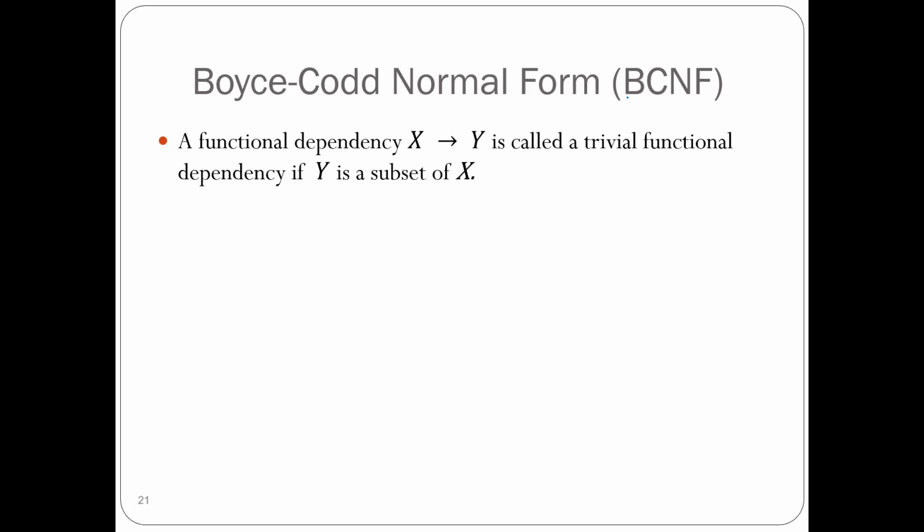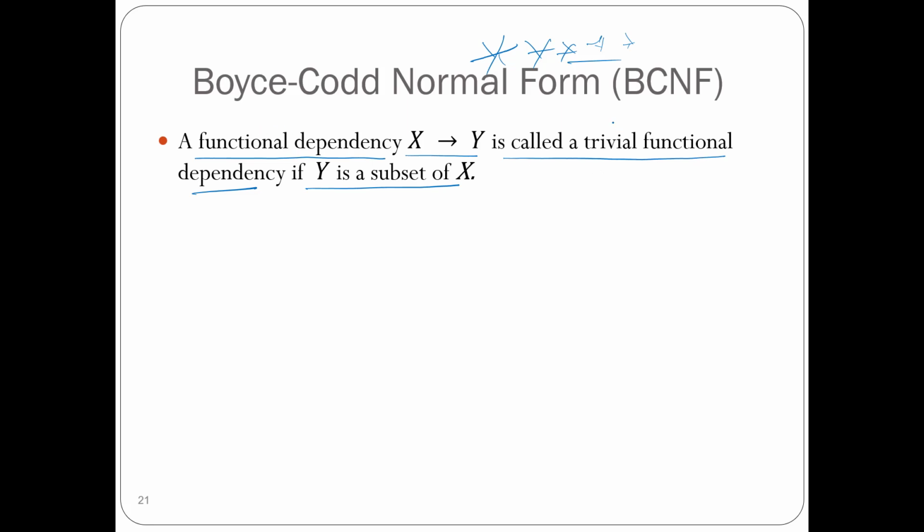What we'll do next, we will now look at BCNF, Boyce Codd normal form, probably the most important normal form. Okay, the most important normal form, I think, is BCNF. So for that, we'll have to look at the functional dependency again. So a functional dependency from X to Y is called trivial functional dependency if Y is a subset of X. Right?